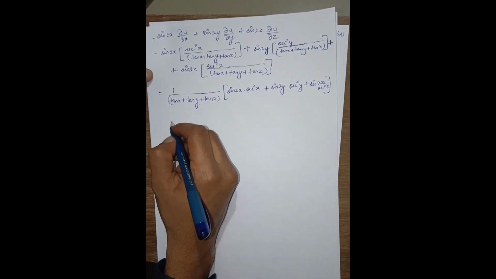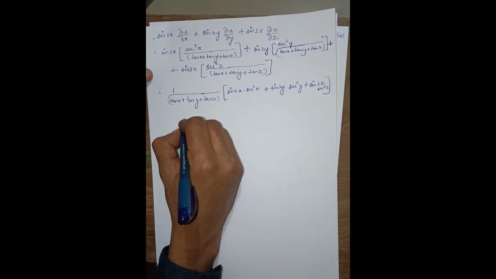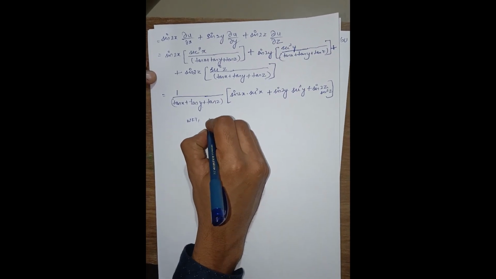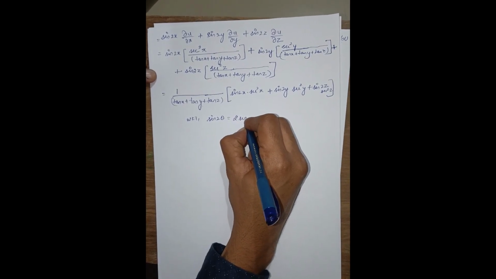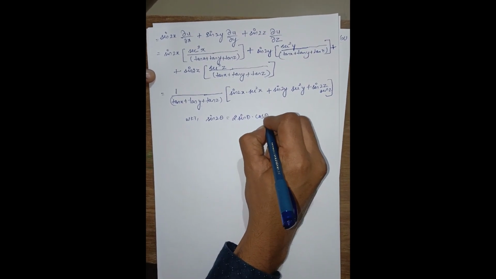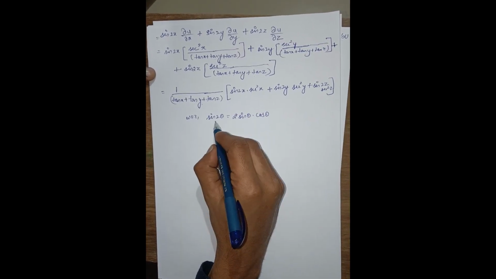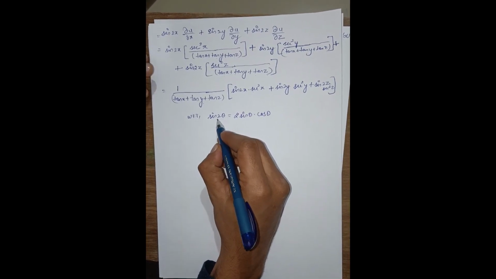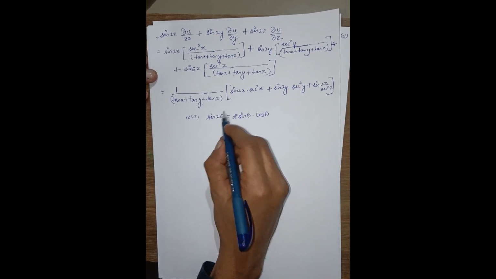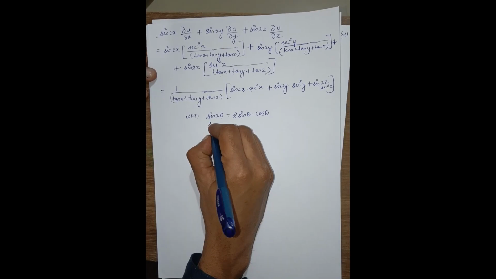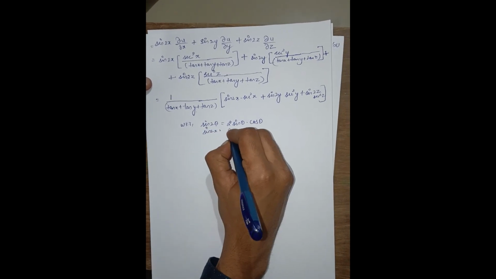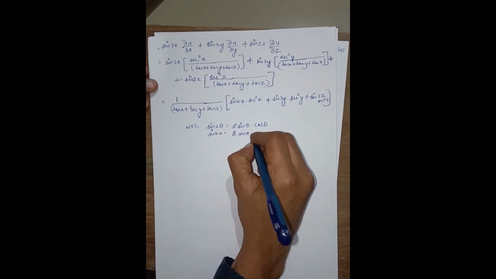Now sin 2x, we know that sin 2 theta is equal to 2 into sin theta into cos theta. This is the formula of sin 2 theta. In place of theta we have x here, so sin 2x becomes 2 sin x into cos x.